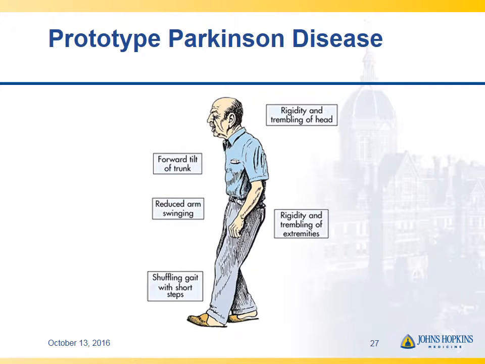And this is an illustration of someone who may have Parkinson's disease. They talk about the forward tilt of the trunk and reduced arm swinging, rigidity and trembling of the extremities, and this short shuffling gait pattern.